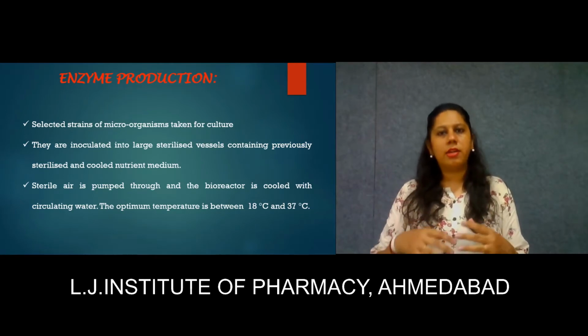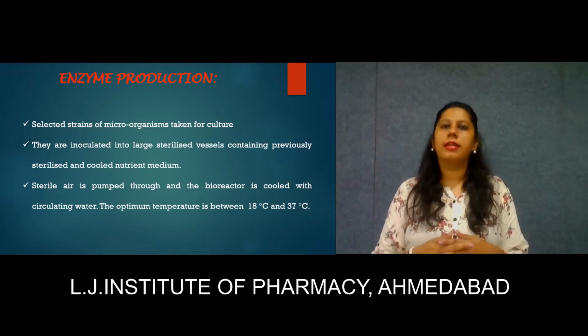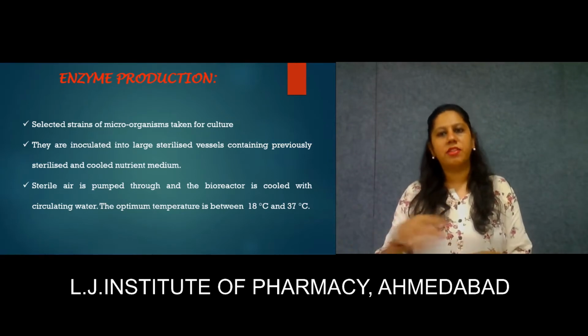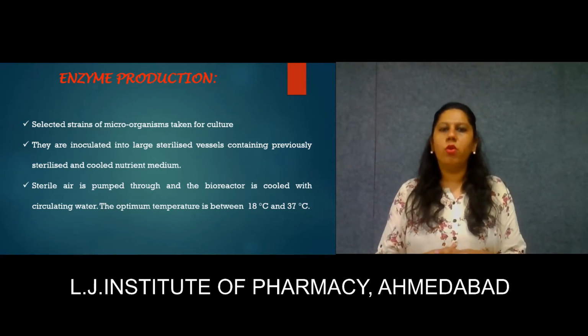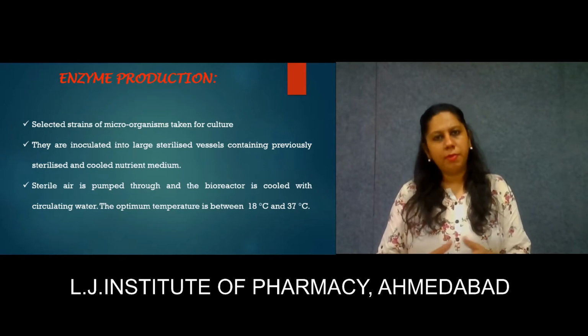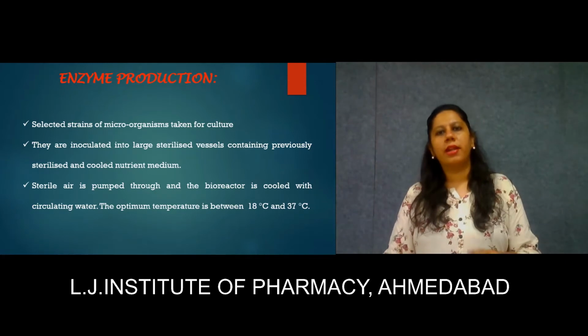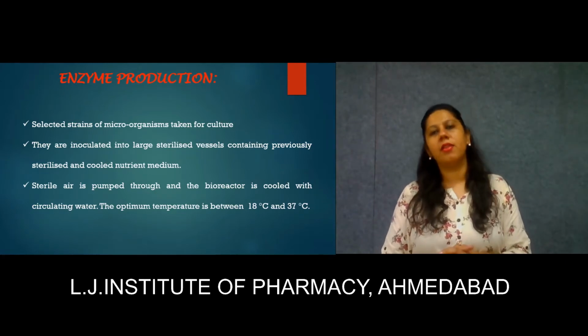The selected strains of microorganisms are taken for the culture. They are inoculated into large sterilized vessels containing previously sterilized and cooled nutrient medium, and the sterile air is passed through the bioreactor, which is cooled with circulating water. The optimum temperature is 18 to 37 degrees Celsius. And finally, you get the enzymes which are produced and then they are purified.